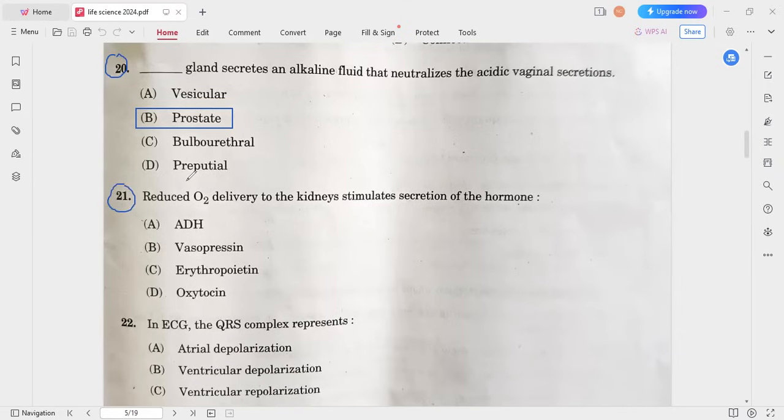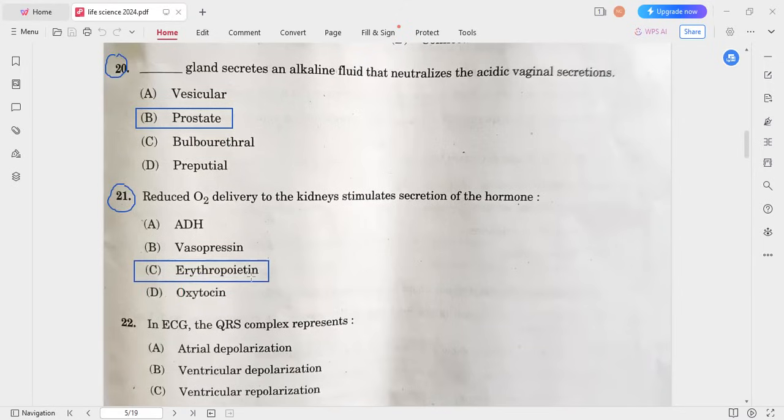Reduced oxygen delivery to the kidneys stimulates secretion of which hormone? So here, which hormone will detect the low blood oxygen, that is reduced oxygen delivery? The answer for question number 21 is erythropoietin.